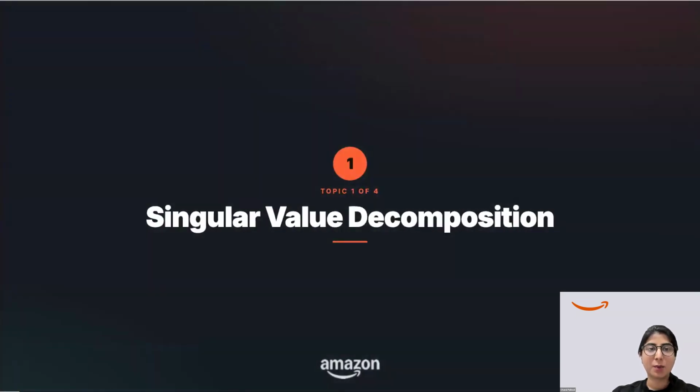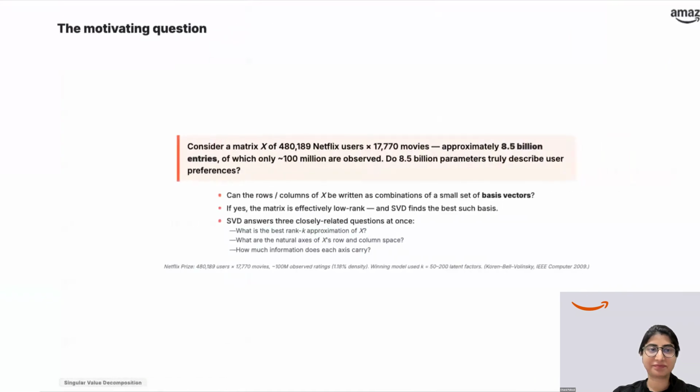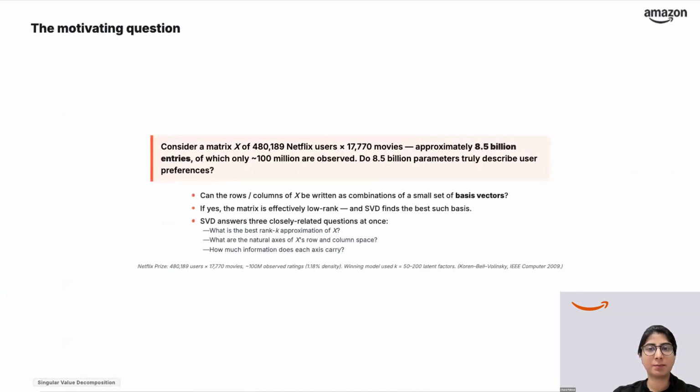So let's start with SVD, Singular Value Decomposition. A very popular problem is the Netflix problem, which began in 2006, when Netflix provided a data set for an open competition to improve its recommendation algorithm.